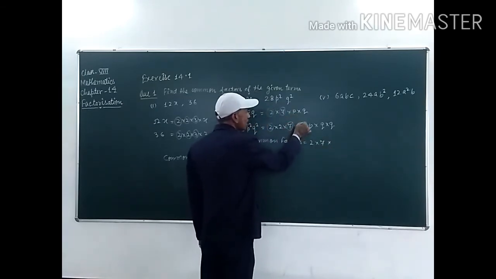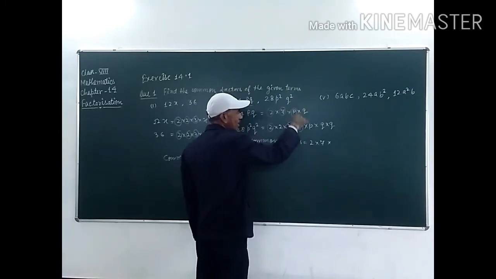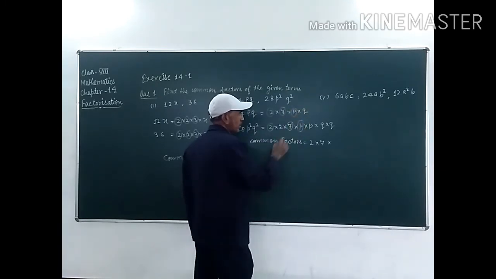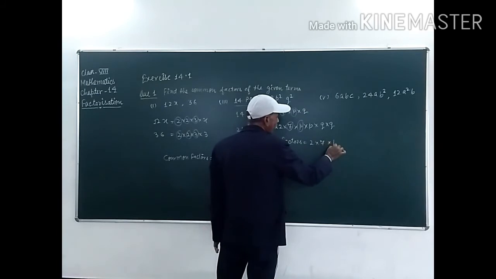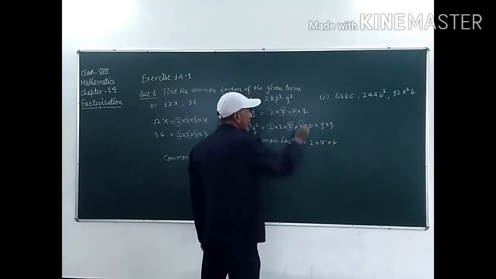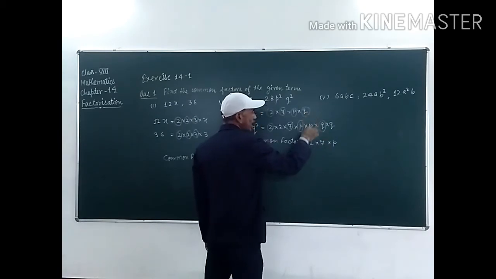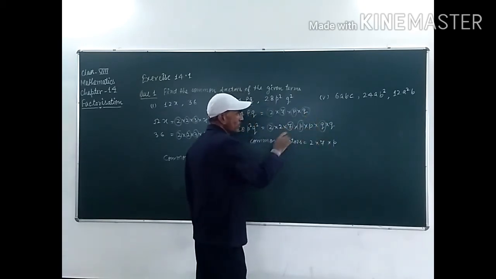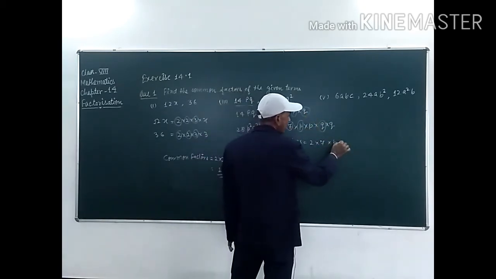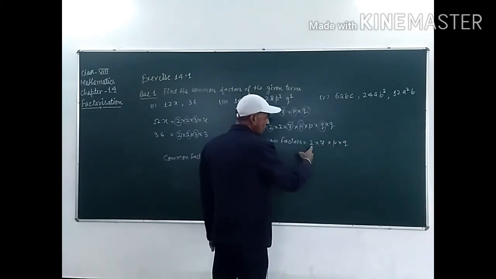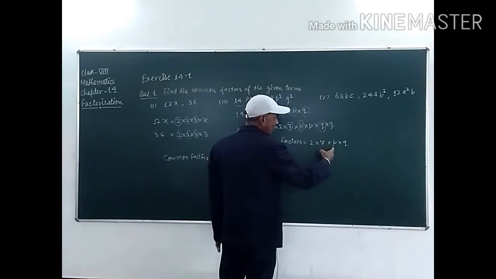The next common is p. At least one time p is present in both expressions, students. So we have to take p that is common. Again q is common, student. At least one time q is present in these two expressions. So that is q. So the common factors are 2 into 7 into p into q.